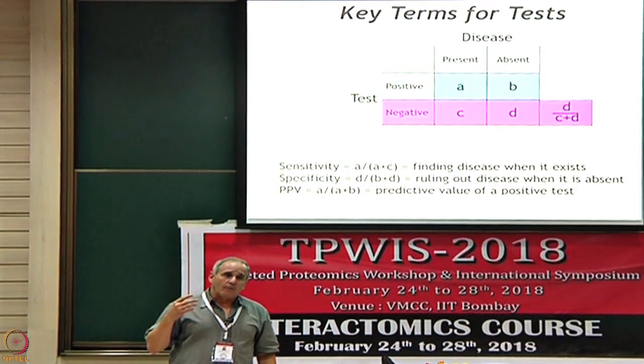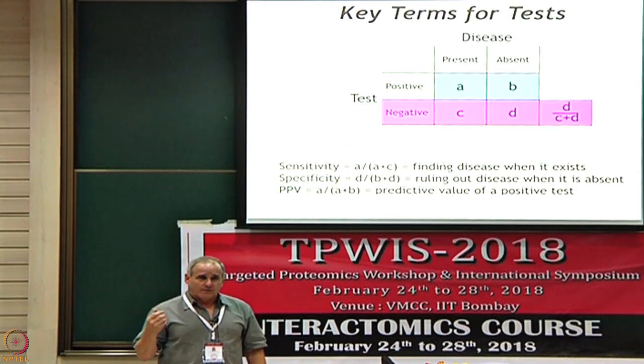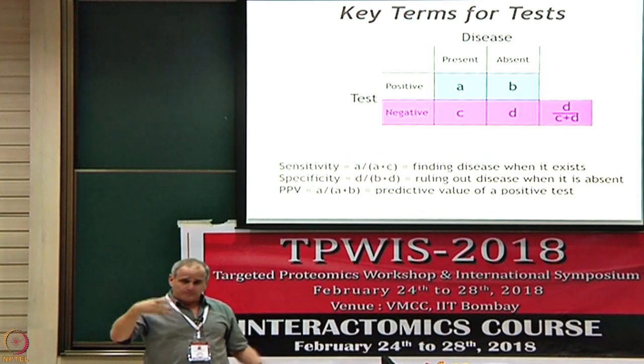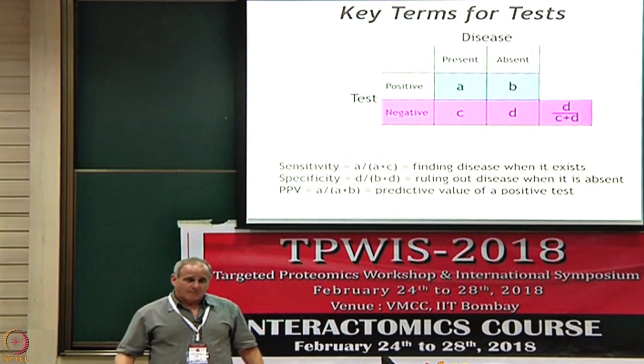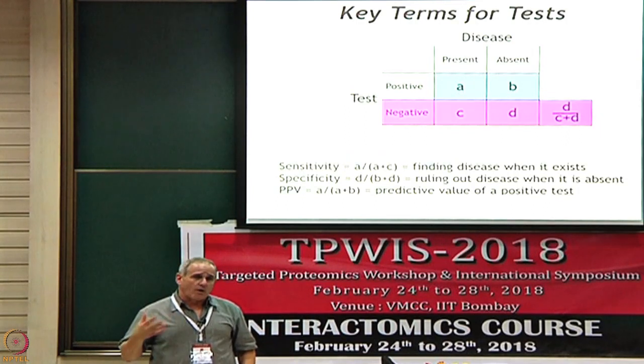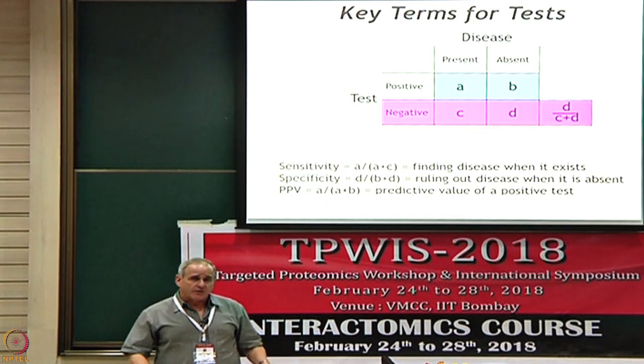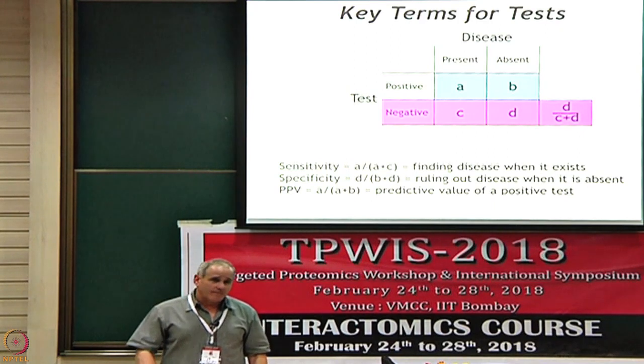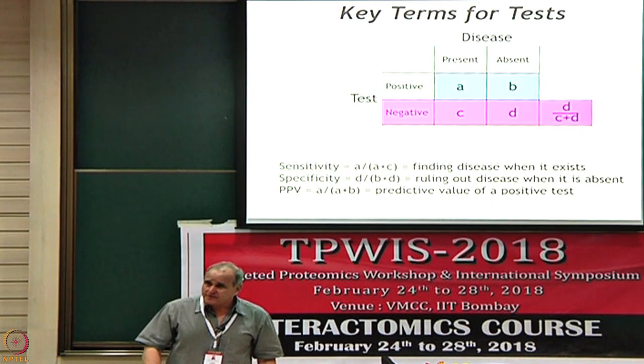This is what we call the negative predictive value. So if we did a test for cancer, or we did a test for birth defects in your child, how sure are we that you don't have cancer, or your child doesn't have birth defects? Right?